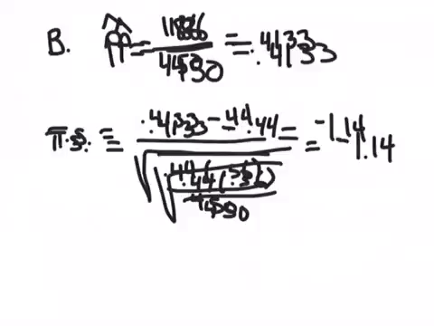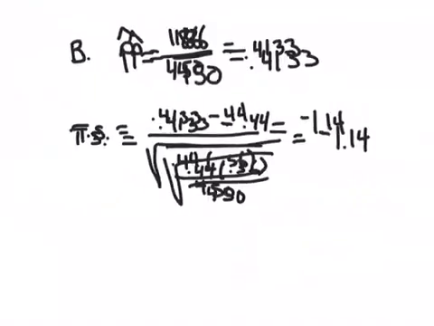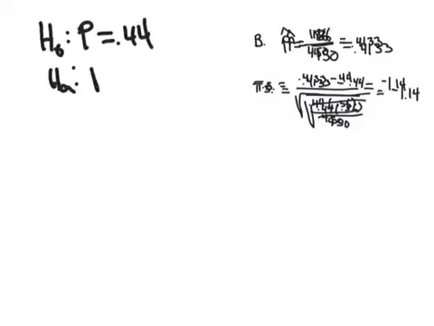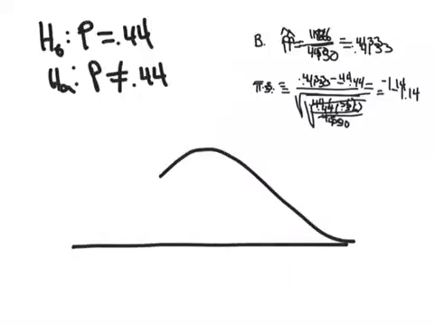All right, now let's remember something. They were testing, the hypothesis was what? H0 was the fact that the proportion was 0.44. The alternative hypothesis is that it's just different than 0.44. So this is called a two-tailed test. Now, if we did this, let's just take a look at what this looks like. It looks like this.